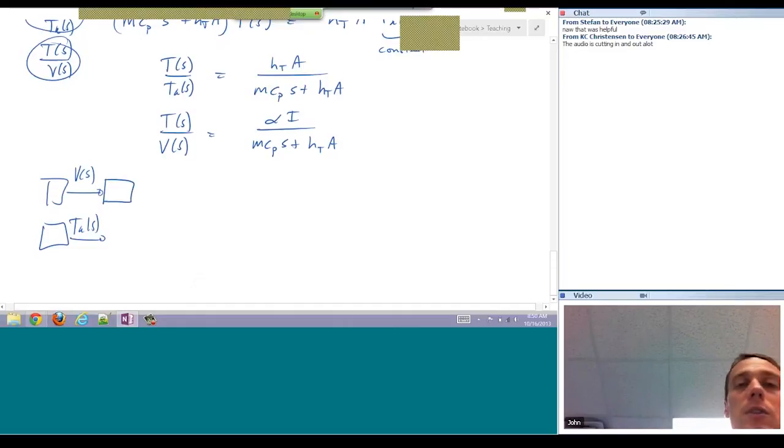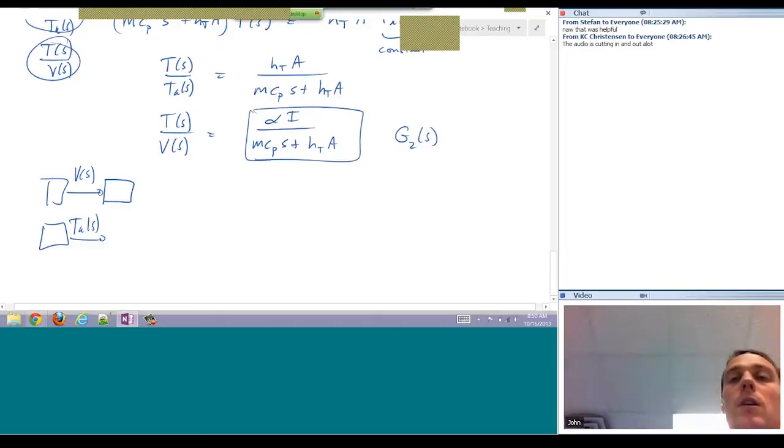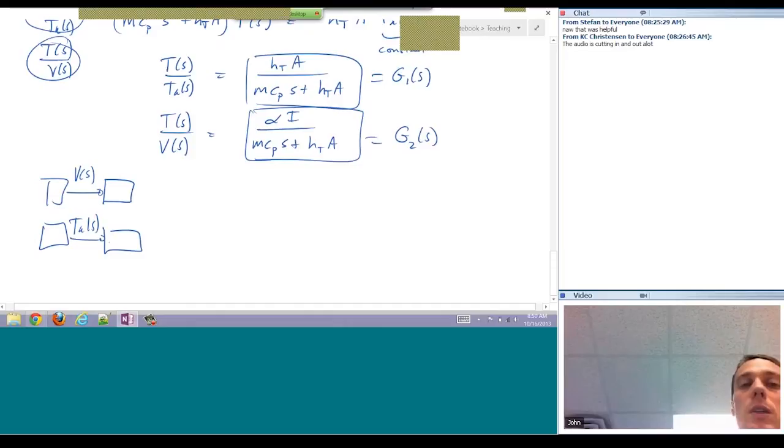So you have this transfer function, I'll call this one G2 of S, and this one G1 of S. Those could combine together to get your final outlet temperature.